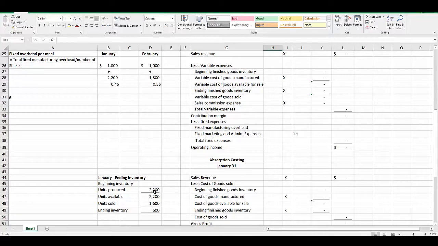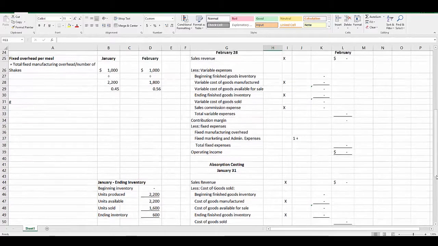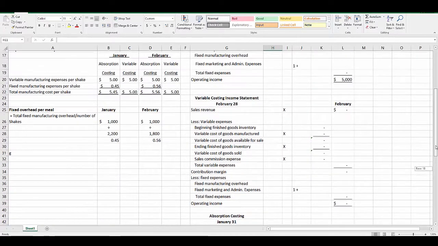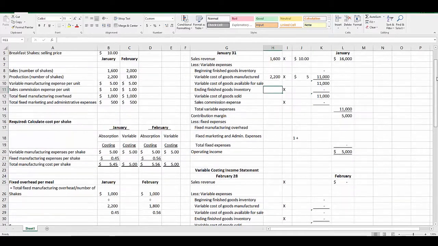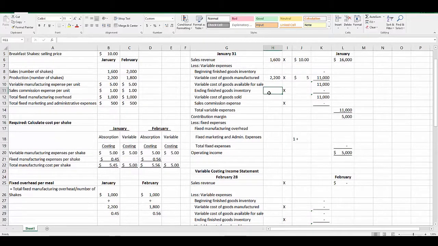We produced 2,200 units, but we only sold 1,600, so that means at the end of the year we had 600 units not sold. So that's our ending balance here. So the ending finished goods inventory is your 2,200 less your 1,600, which will give you 600 units, and they are valued at $5 each. So that gives us 8,000 variable cost of goods sold.